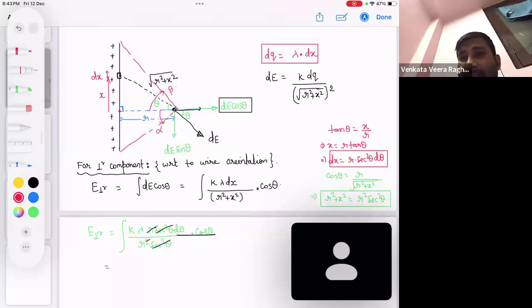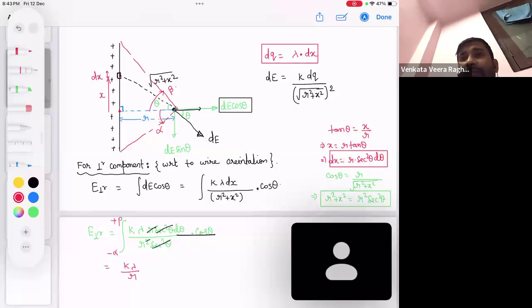So what we have, k lambda by r, cos theta d theta integration is sine theta, and the limit will be what? Can I write minus alpha plus beta, or plus alpha minus beta? That also you can write, but both you cannot write, isn't it?